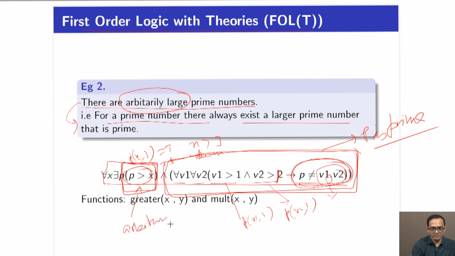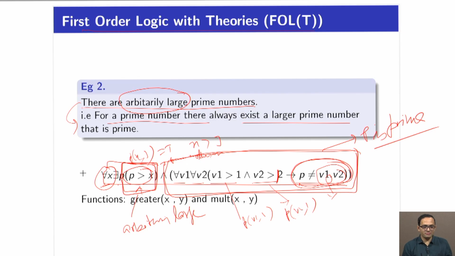Why? I am saying that for all x there exists p. So, if you take any number, p is greater than that and p is prime, right. So, if you combine the entire thing it says there are arbitrarily large prime numbers, because if you take any big number, any possible value of x, there will be another p which is greater than this and p is prime, right.